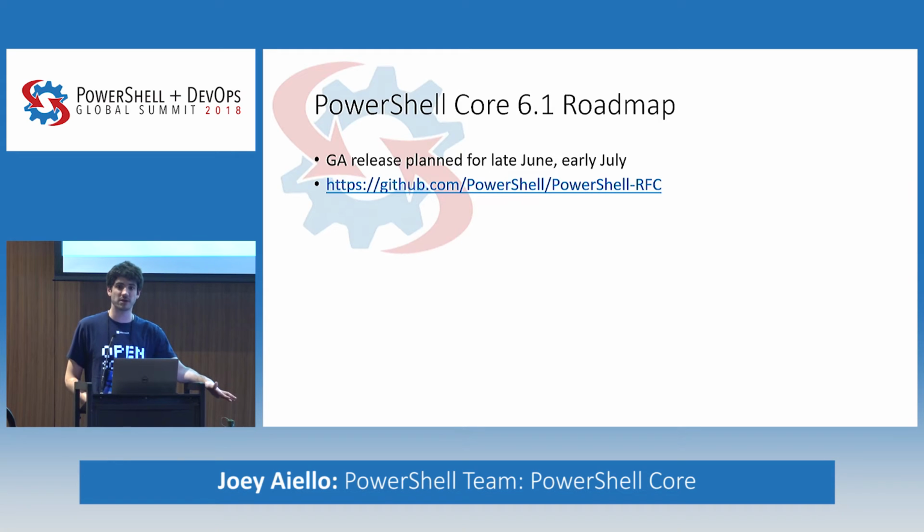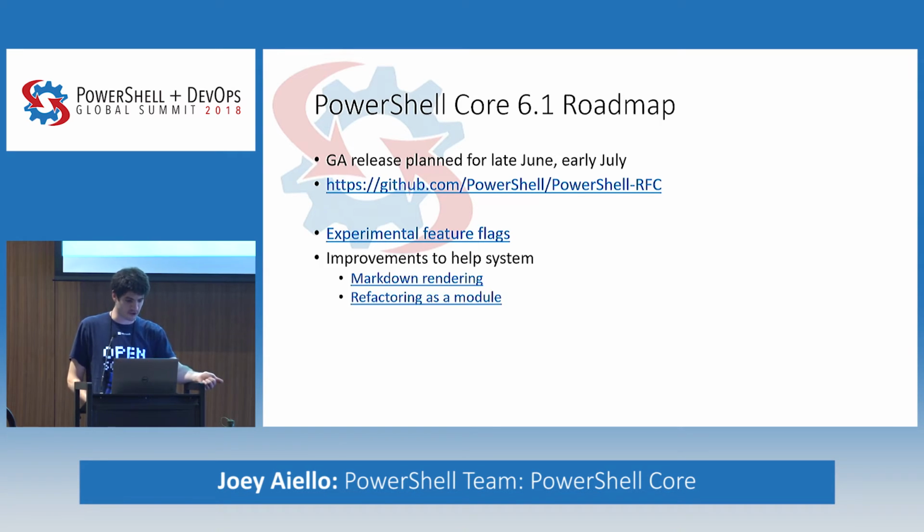We know we're not perfect here yet in our process, but all the meat and potatoes of all the fancy new features that you want to talk about and give feedback on before they're shipping, before they're even implemented, are all going to be here. So definitely check out that repository. All these features I'm about to list, I've deep linked to the discussion on the PowerShell RFC repo so that you can hop in when you get the slides and go yell about whichever is your favorite feature.